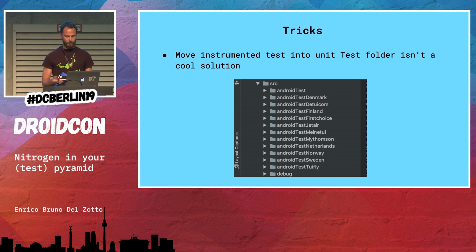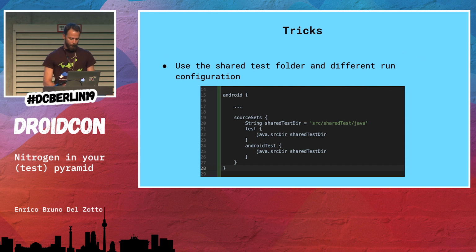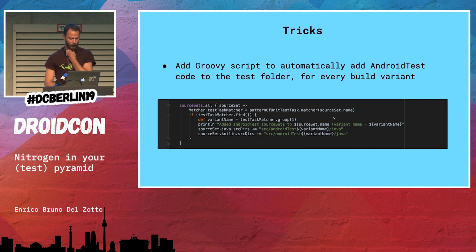So you can tell the UI test, specifying it with this category annotation, whether the test can run or not. You can also use the shared test folder, but I don't recommend doing it because when you are sharing resources between a unit test and UI test, something can go wrong.